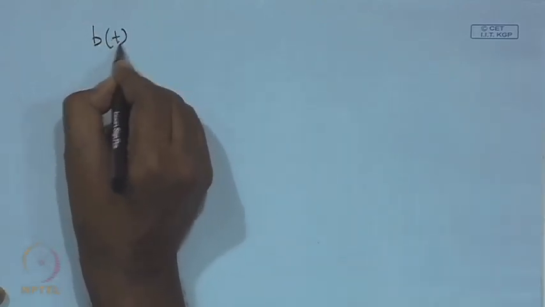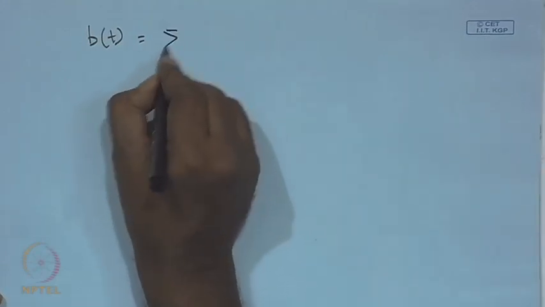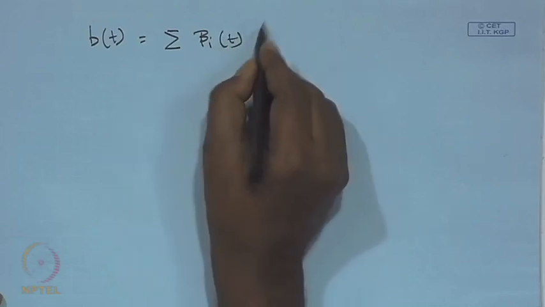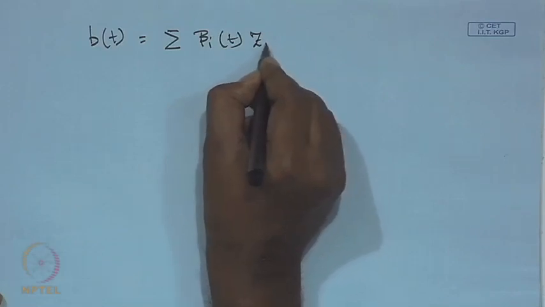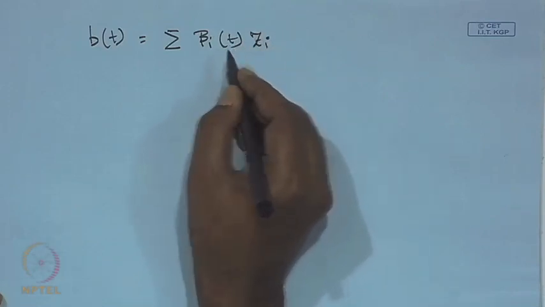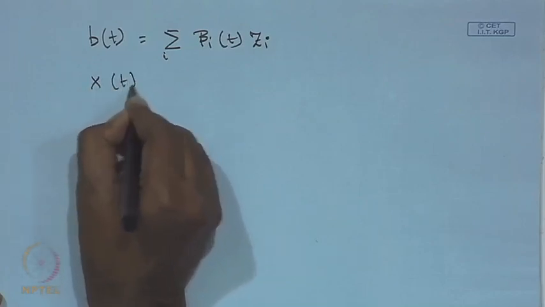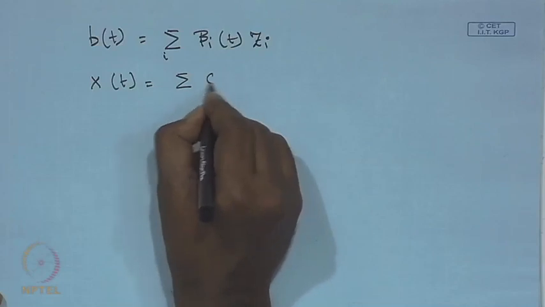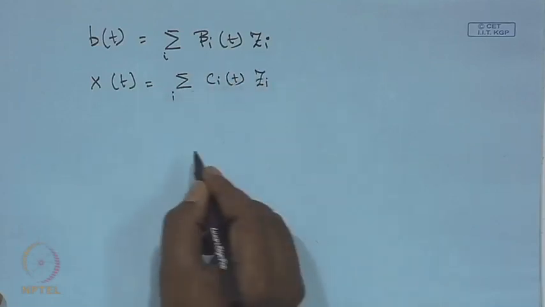Now, we assume the vector b(t), which is a function of t, is expressed as a summation of beta i times the eigenvectors Z i, and the solution x(t) is expressed as a combination of these eigenvectors Z i.